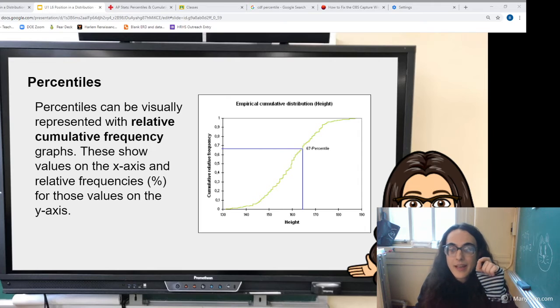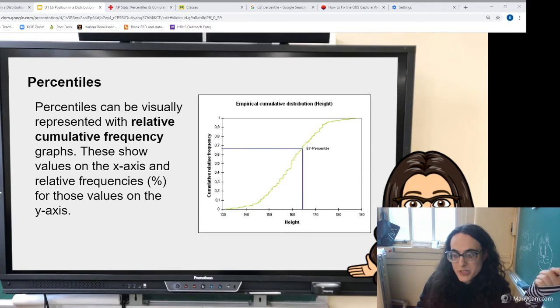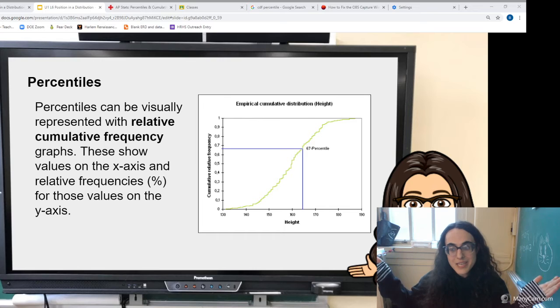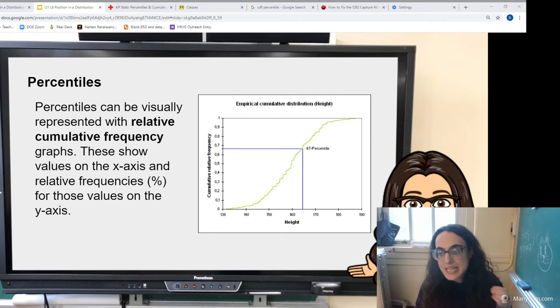And what do we call that point where 50% of the distribution is below you and 50% of the distribution is above you? The median. So if we look for the 0.5 on the y-axis and we go over to the curve and then we go down, that will tell us the median weight for the distribution.